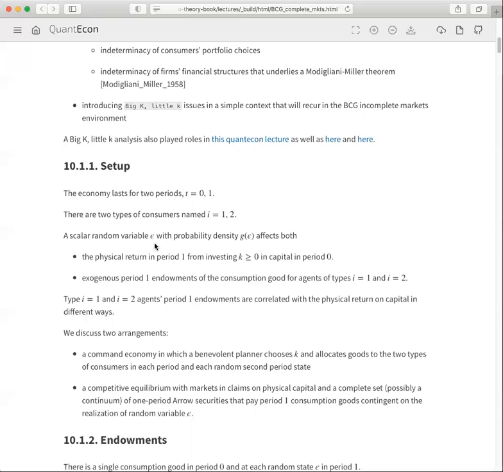There's going to be a scalar random variable epsilon that's going to have some density g of epsilon, and that's going to affect both the physical return from investing in capital, and also the endowments in the second period of both types of agents.